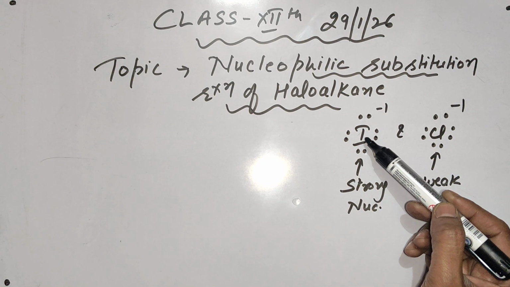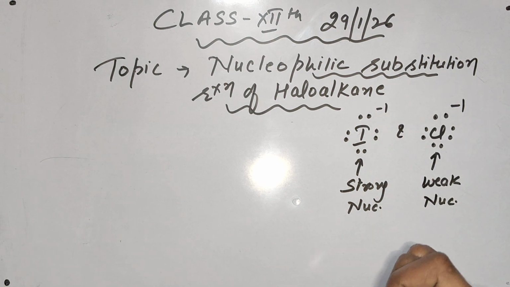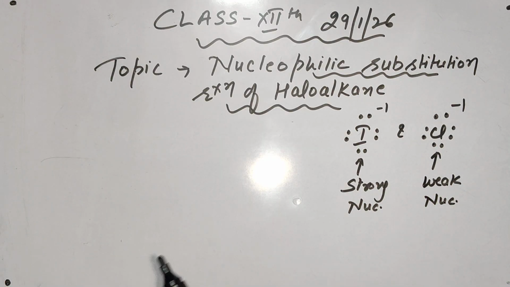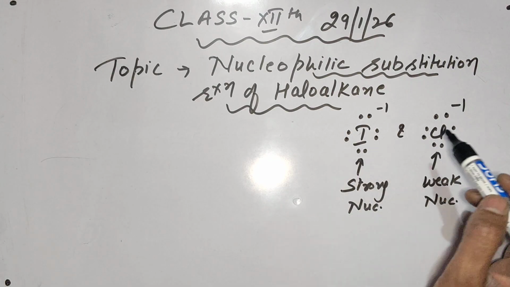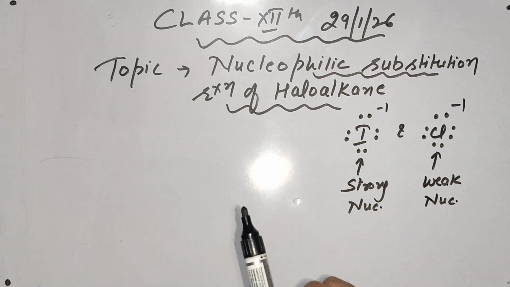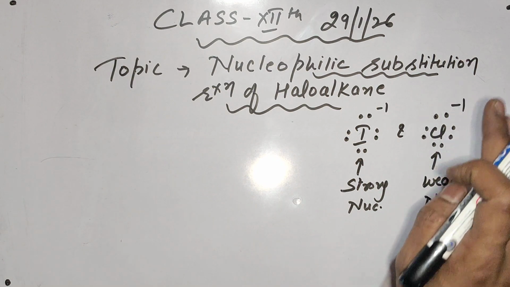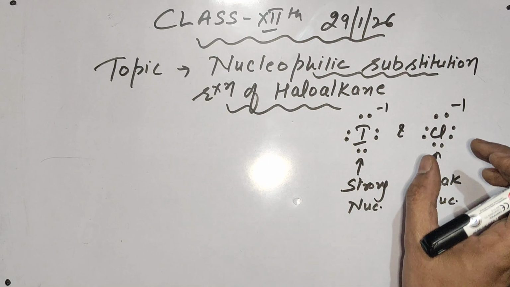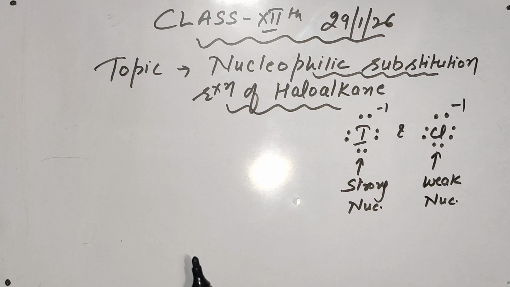Iodine's electronegativity is less, that's why it can donate a pair of electrons easily. Its hold on its electrons is less. But chlorine's electronegativity is high as compared to iodine, so the chlorine atom holds electrons strongly. It will not allow lone pairs to go for donation. That's why chloride is a weak nucleophile and iodide is a strong nucleophile.